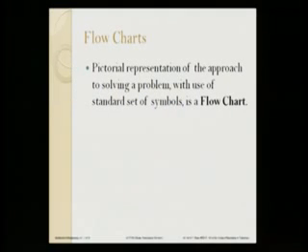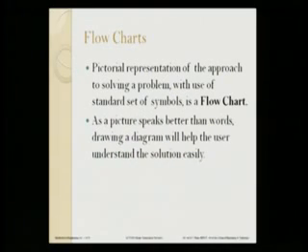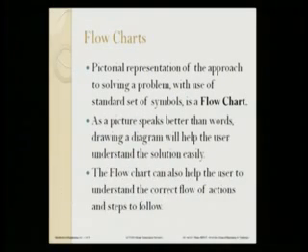As I told you, a flowchart is a pictorial representation of the approach, and we use several conventional symbols which are used worldwide. As a picture speaks better than words, many times we can use flowcharts, which is a kind of hierarchical chart, so that the user can easily understand the flow of a particular system.